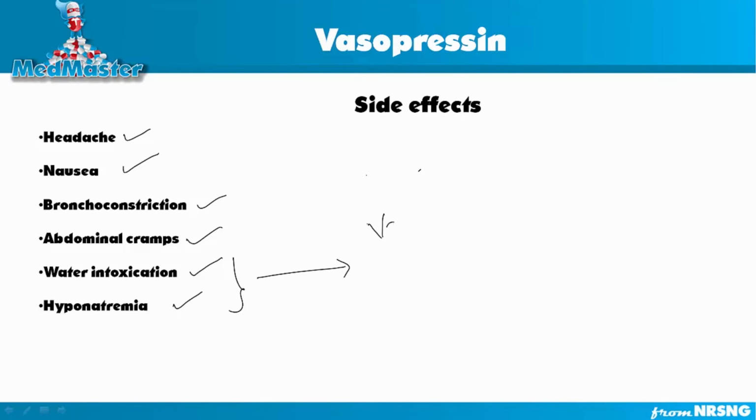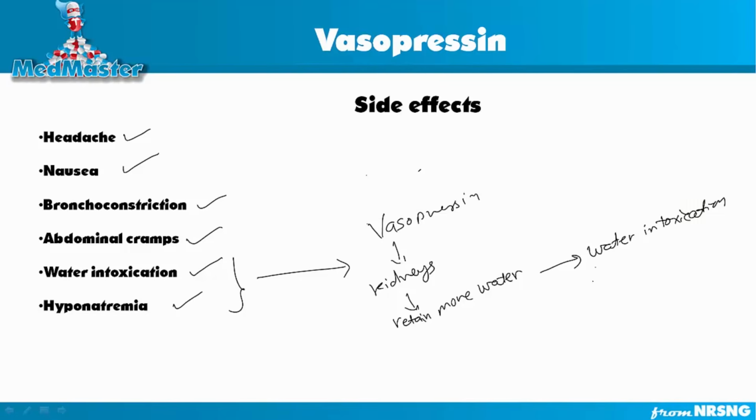Now, if you're giving vasopressin, it's going to work on the kidneys, and now the kidneys are going to retain more water. What happens if the kidneys retain more water? You can have water intoxication or hypervolemia.